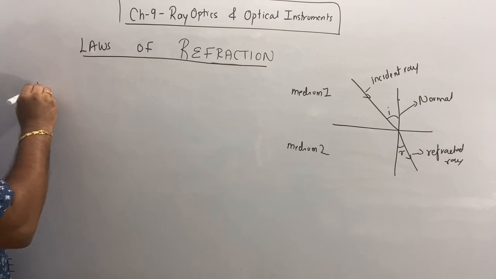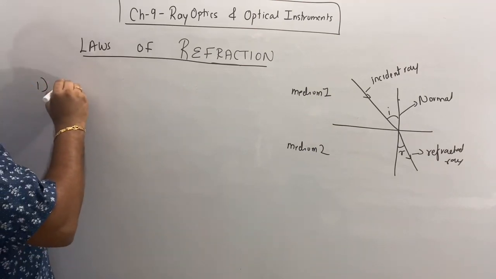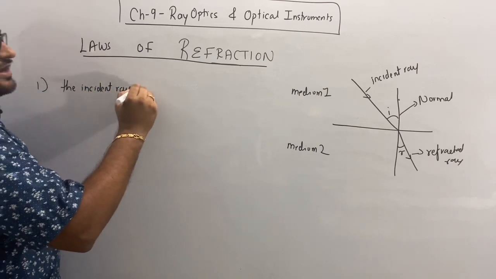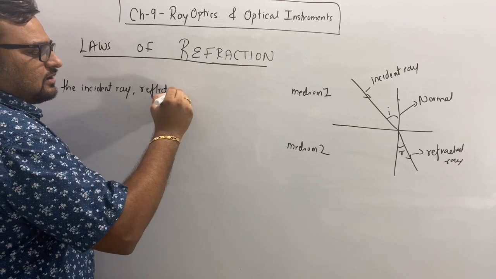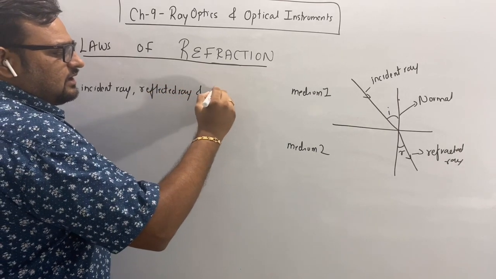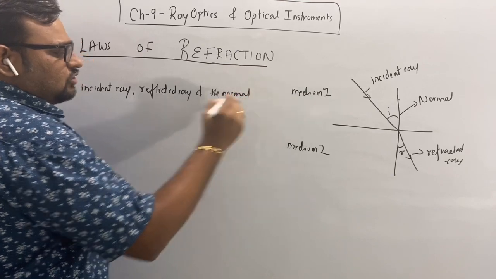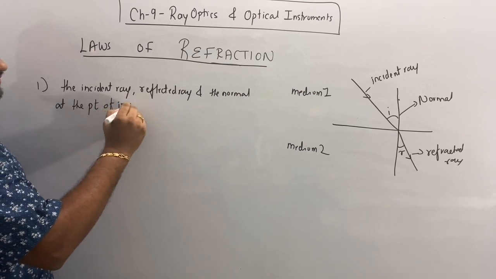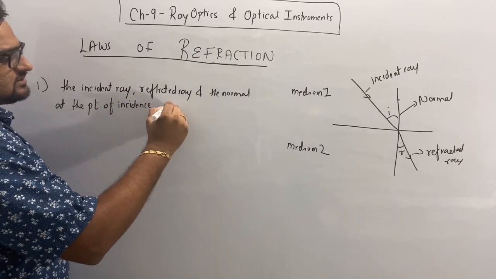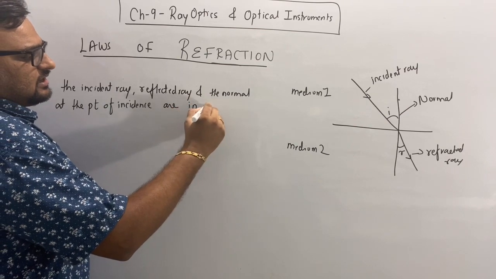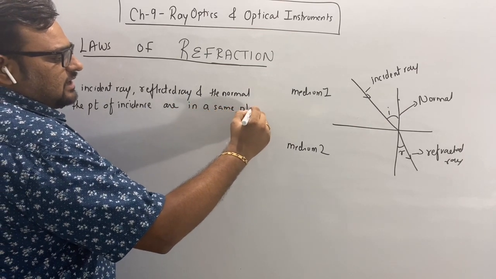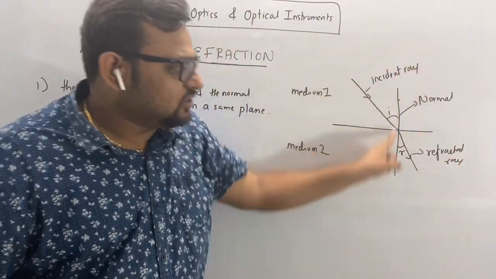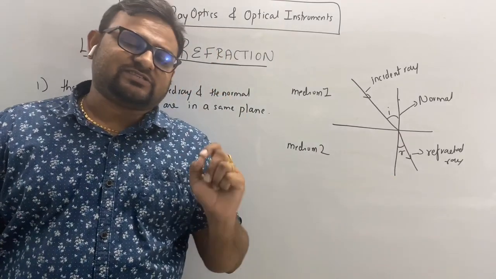So the first law: the incident ray, refracted ray, and the normal at the point of incidence are all in the same plane.